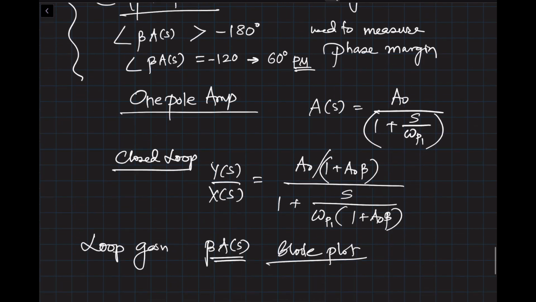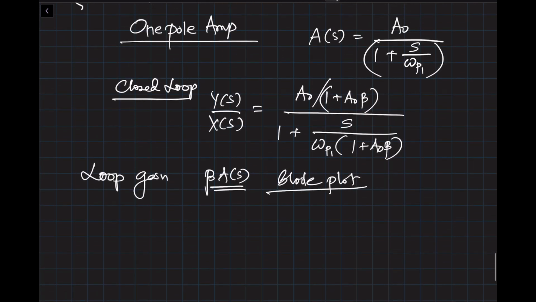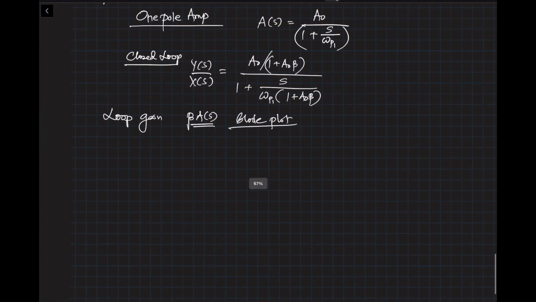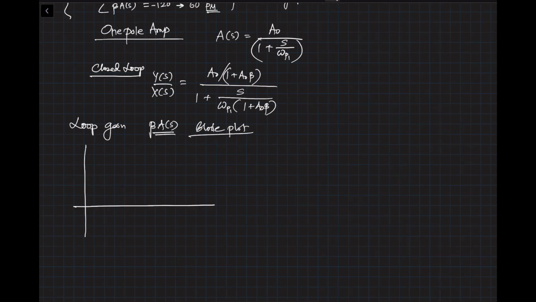So in this particular example of a one pole system, what would beta times A of S look like, Bode plot? So I'm going to draw that and then it will become very clear. So we are plotting the Bode plot of beta times A of S. You are actually doing 20 log of mod of beta times A of j omega.